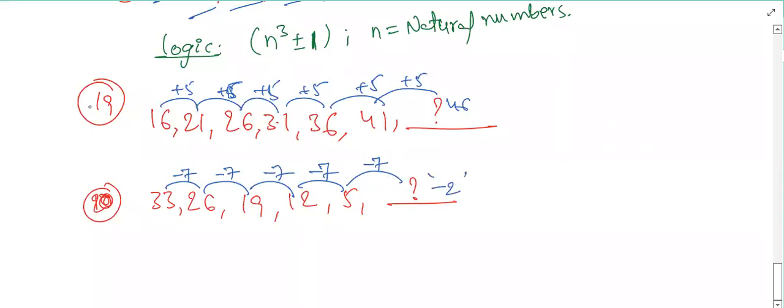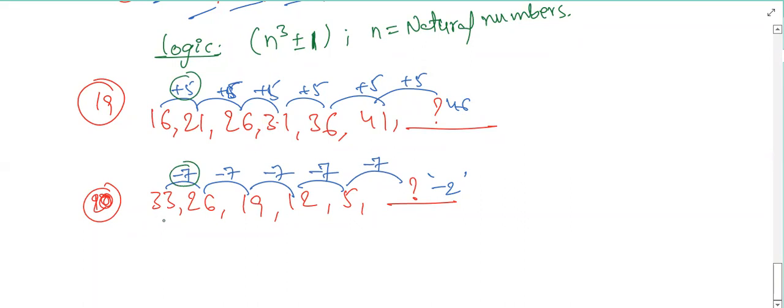Yes. And see, even if you add the number or even if you subtract the number, we will say that number is the difference of those two numbers. What is the difference between 16 and 21? 5. What is the difference between 33 and 26? Minus 7, 7 only.